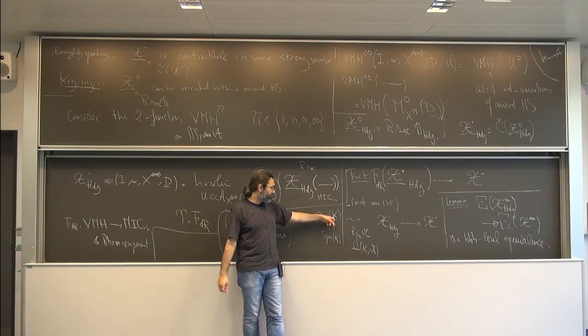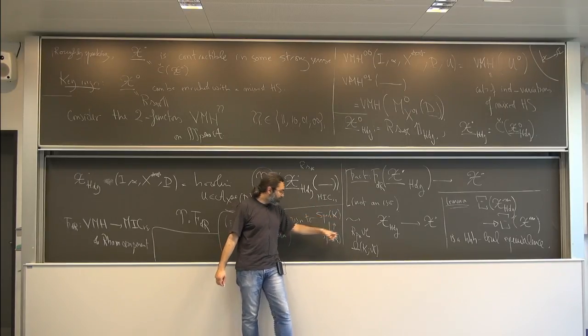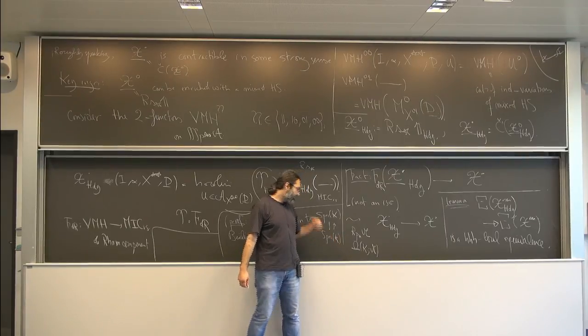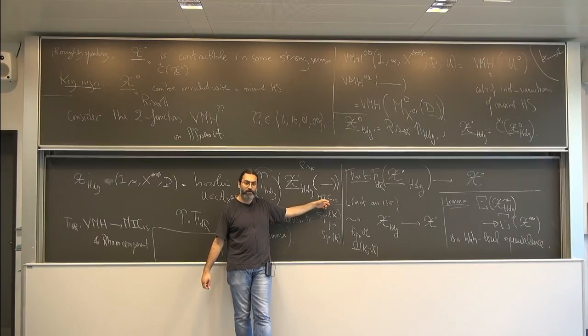But this is really special to the fact that we are working over a field. If I have a general smooth variety, this will not be true in general. This is because I pass to the generic point. These two things become isomorphic, and there is a similar story for variations of mixed Hodge structure.